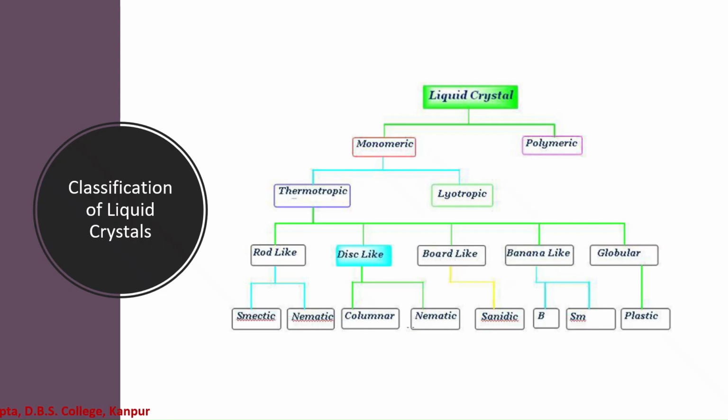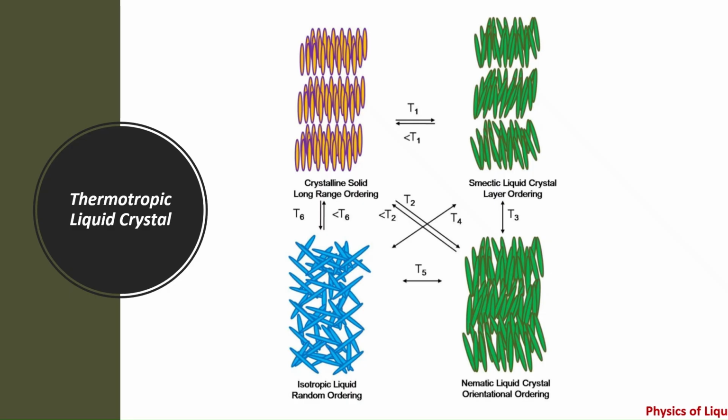In lyotropic, some molecules are mixed with a solvent and then those molecules get arranged in a fashion that shows a liquid crystalline phase. So as I was discussing, the thermotropic liquid crystal exhibits a liquid crystalline phase either by heating or cooling and is temperature dependent.